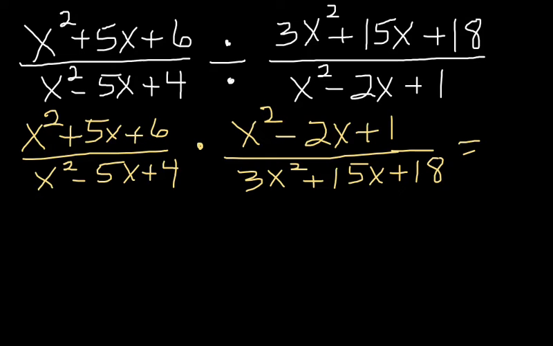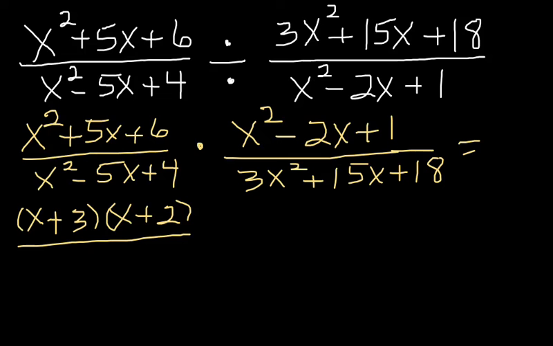Starting with the first fraction, I'm going to factor the top. I see x squared plus 5x plus 6 is a trinomial, which I will now factor. 3 and 2 will equal 6 when I multiply. So 3 times 2 is 6, and 3 plus 2 is 5, so both of these are positive.